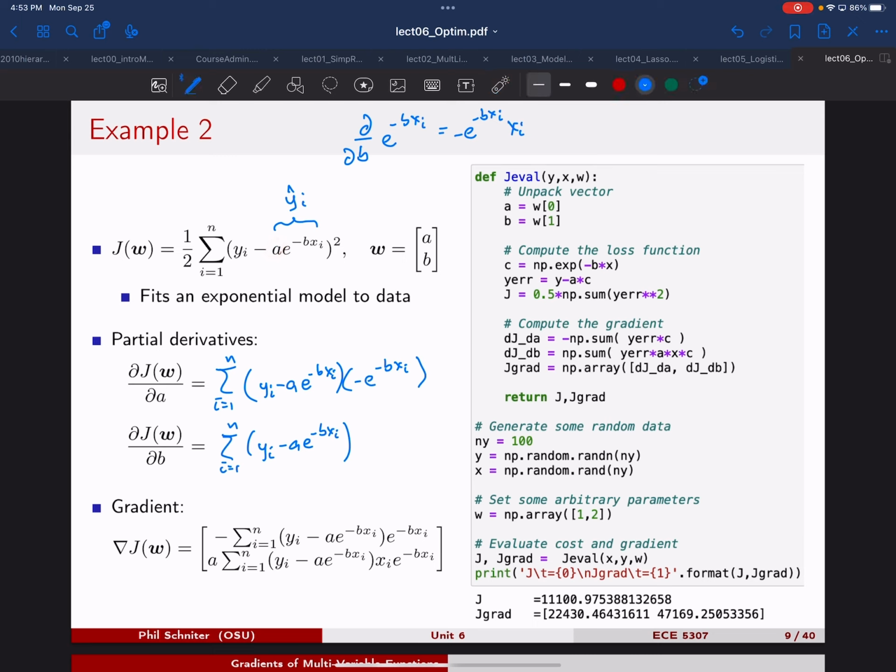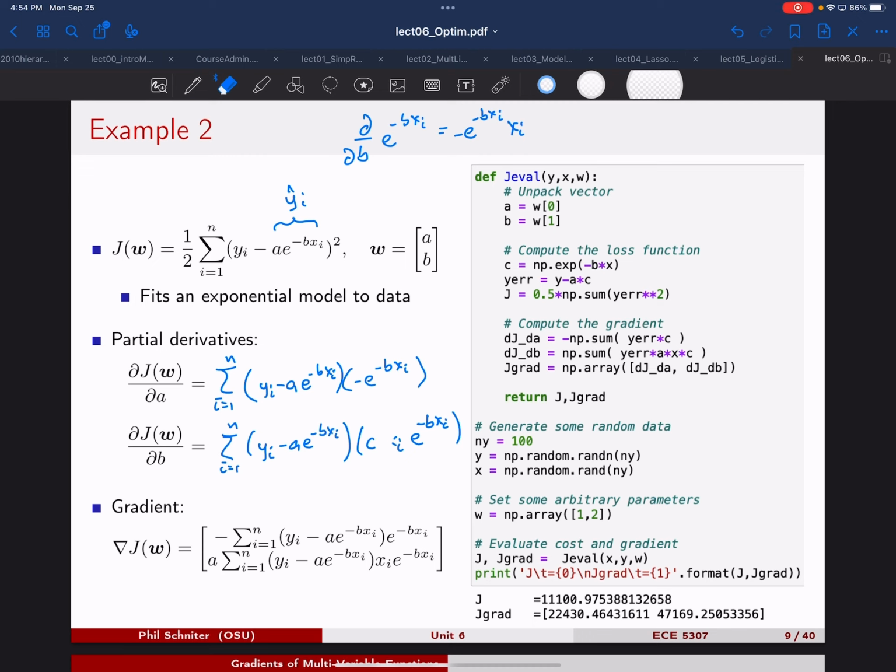Okay, so after all of that, we have a xi e to the minus b xi. Sorry, I didn't want to make that look like a minus sign there.